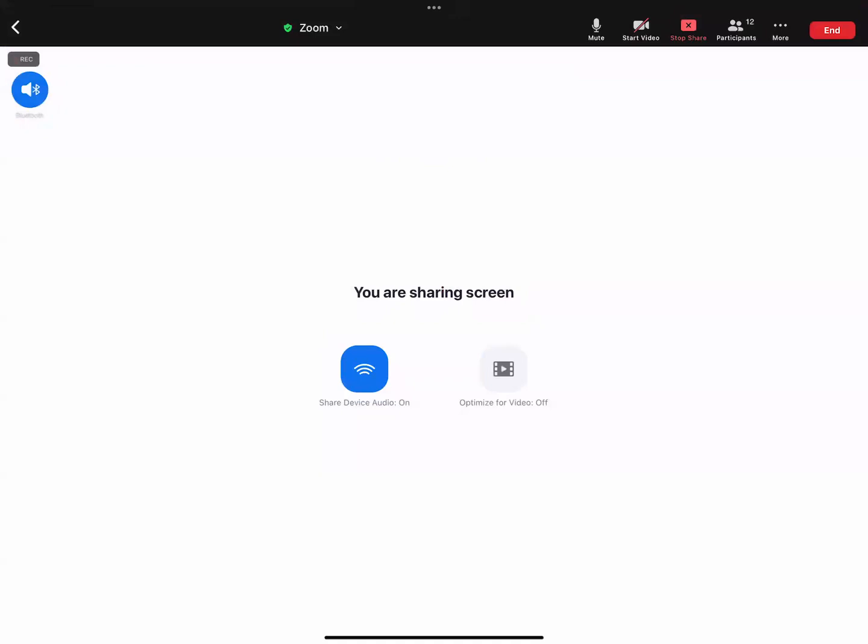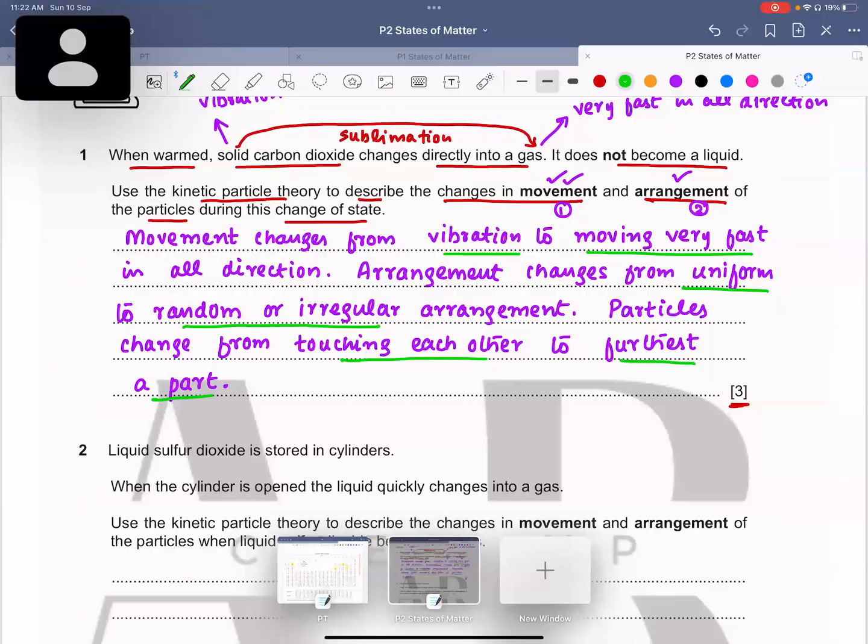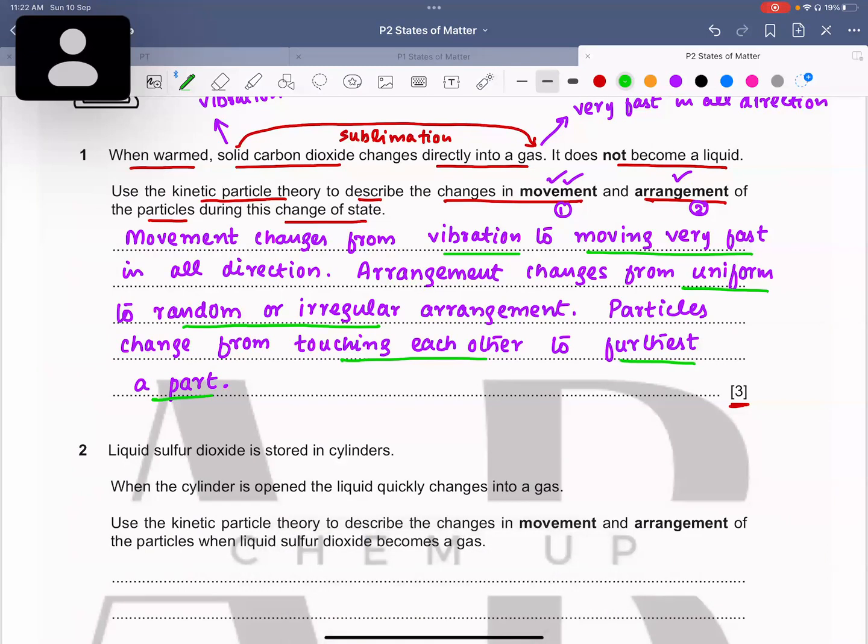Is this first question clear to everyone? Yes, sir. Okay. Now, if you look at the second question, what is stored in the cylinder?